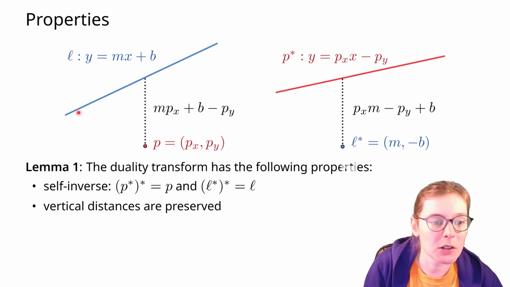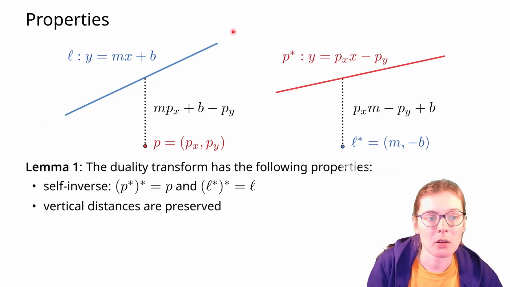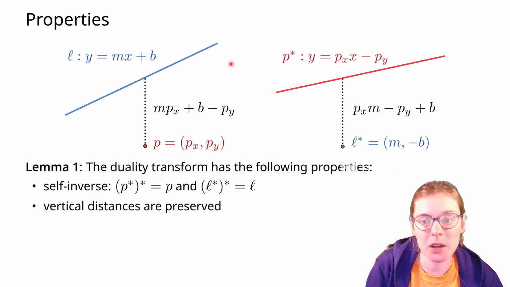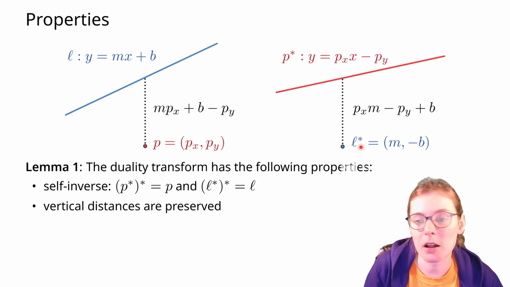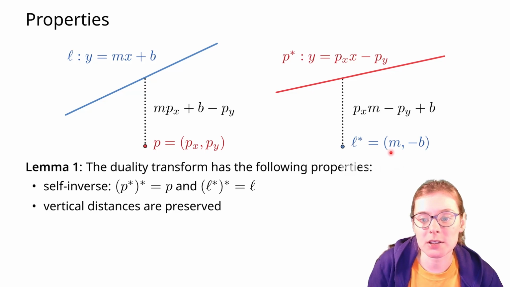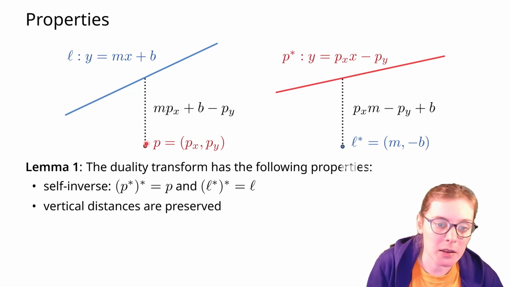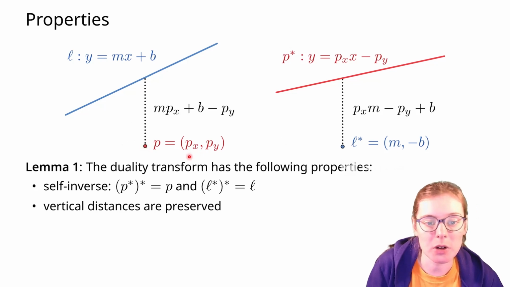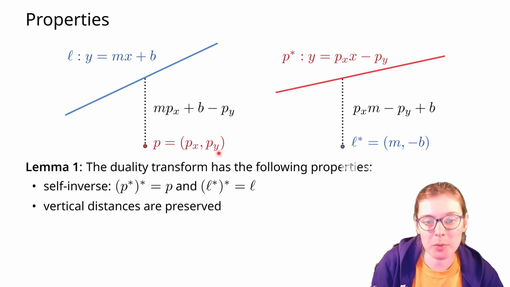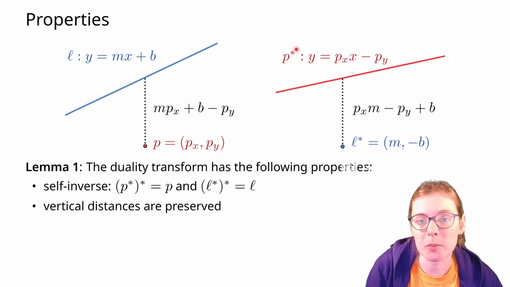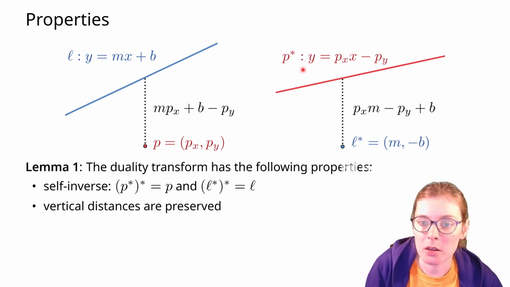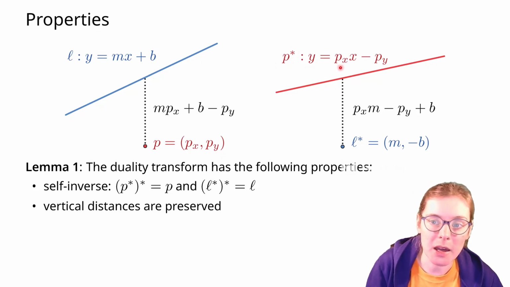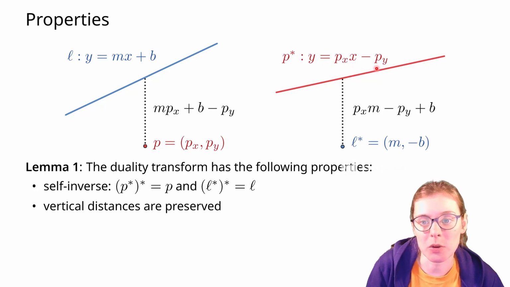Here in the figure we have a line with the equation y equals mx plus b and its dual point L star with coordinates m and minus b in the dual plane, and the point P with coordinates px, py in the primal plane, and the dual line P star with the equation y equals px times x minus py.